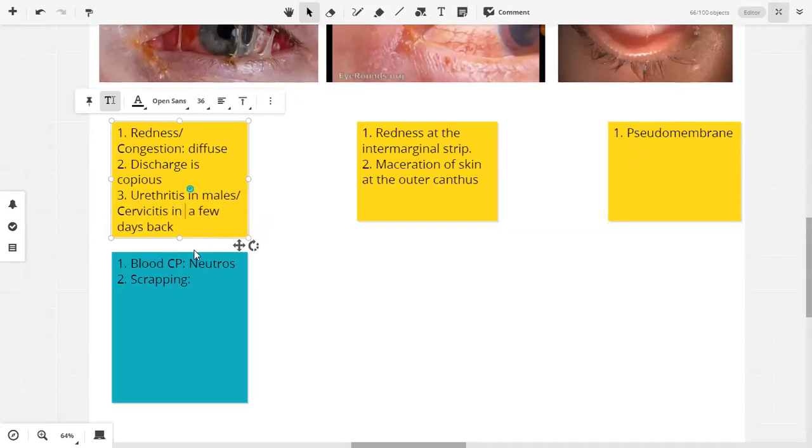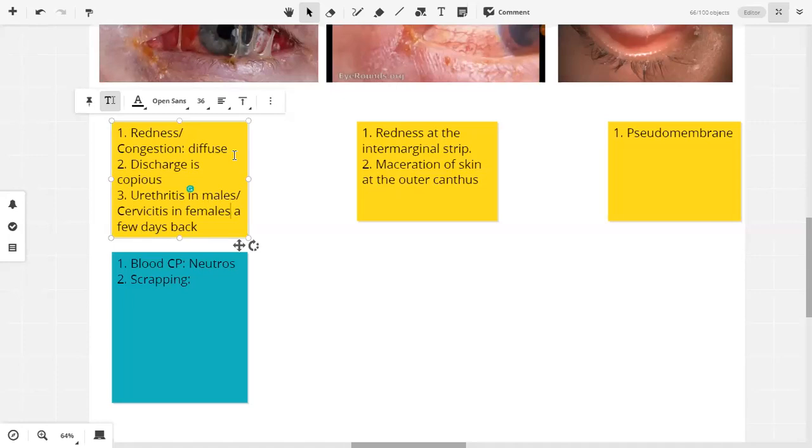What are these basically? Now urethritis is a UTI. Cervicitis is a genital tract infection.